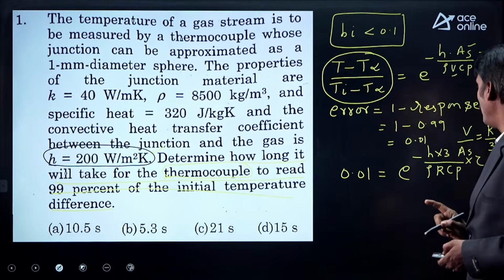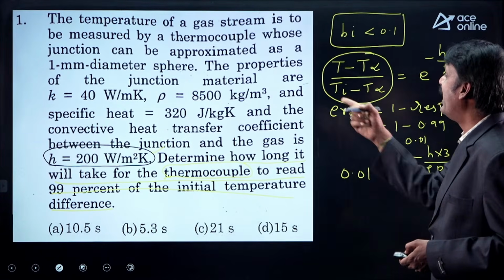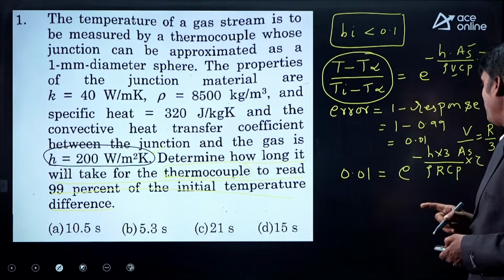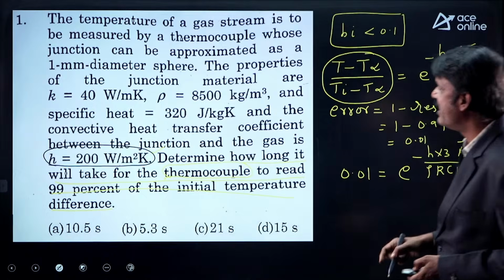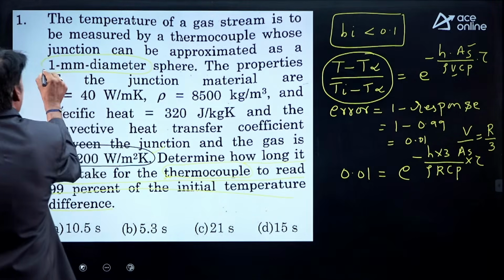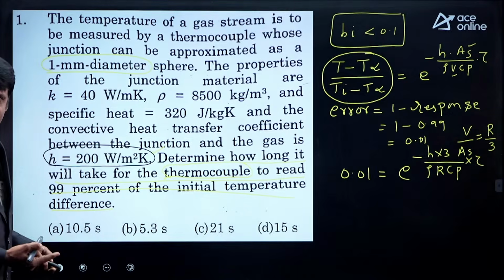H value is 200, density value is given as 8500, specific heat is given as 320 and radius 1 mm diameter. It is a spherical bead. That is why I have used volume divided by surface area: 4 by 3 pi r cube divided by 4 pi r square comes out to be r by 3.